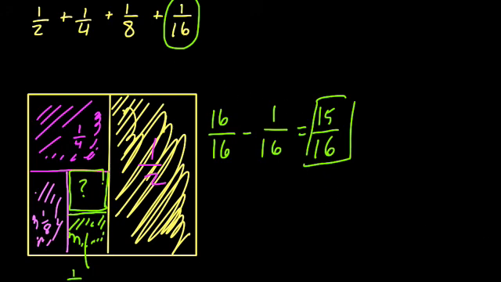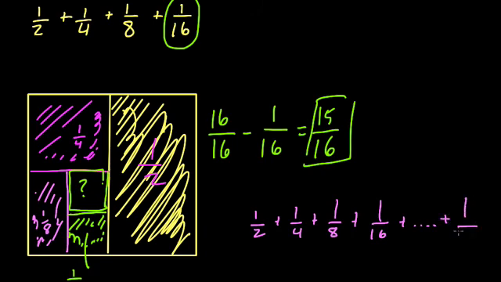So if we go back to our original question, a half plus a fourth plus an eighth plus a 16th and so forth all the way to a 64th, what do we then agree on for an answer? Well, this will represent the tiny remaining piece left in the grid. So what will be filled in the grid is everything but 1/64th.